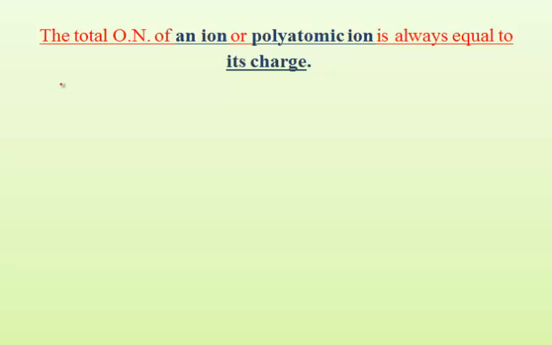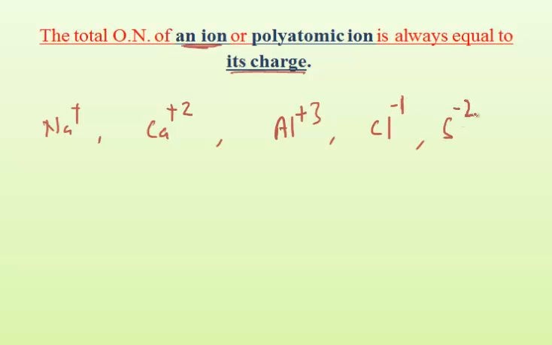Well, the next rule is the total oxidation number of an ion or polyatomic ion is always equal to its total charge. For ions, you can have the sodium ion, which has a +1 charge. We can have the calcium ion, which has a +2 charge, and the aluminum ion, which has a +3 charge. We have the chloride ion, which has a -1 charge, and the sulfide ion, which has a -2 charge.